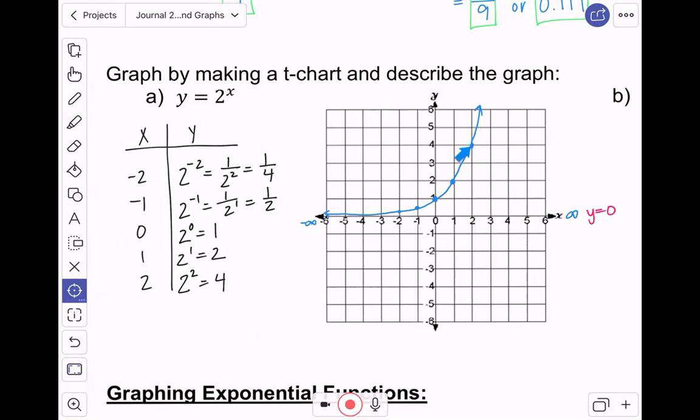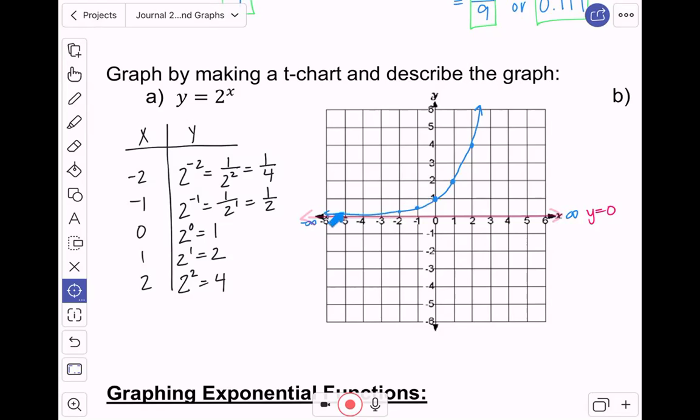So that means that we have an asymptote, because as it moves down this side, it's going to slowly, gradually get to y equals 0, but not quite touch the asymptote here.